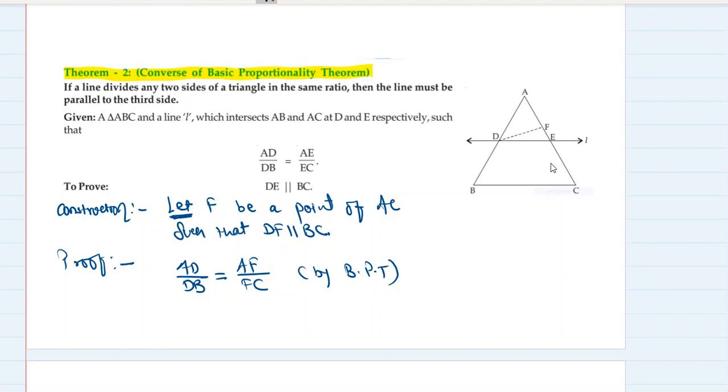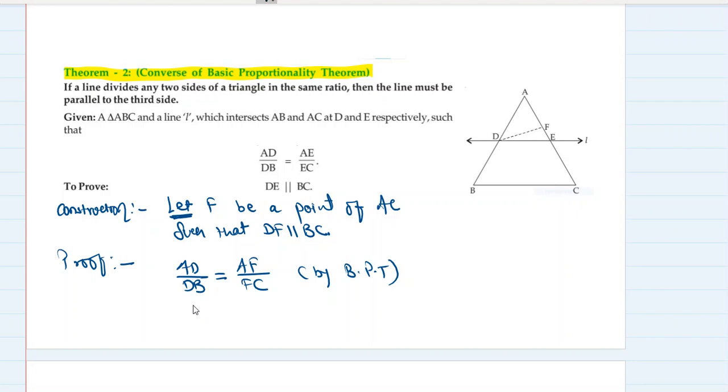I said that let F be a point on AC such that DF is parallel to BC. Now we can apply the basic proportionality theorem: a parallel side drawn in a triangle to the third side divides the other two sides in equal ratio. So AD upon DB equals AF upon FC by BPT.